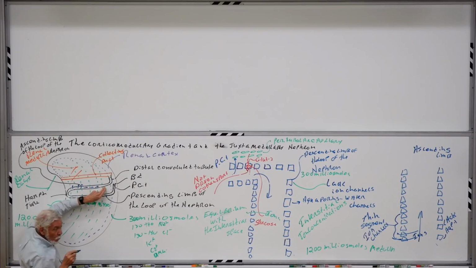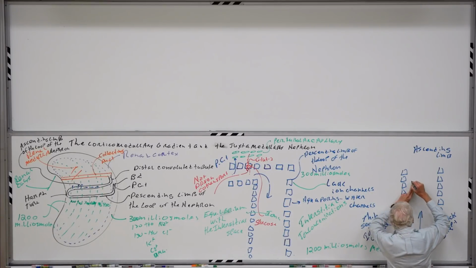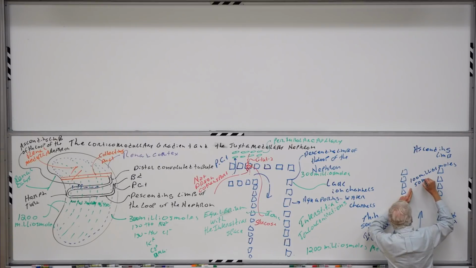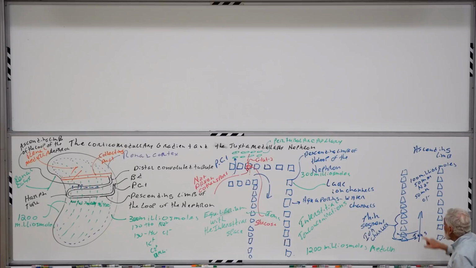So in the upper regions of the ascending limb, up here, we can have concentrations of about 100 milliosmoles, which come from about 50 millimolar sodium and about 50 millimolar chloride. Well, how do you manage to get ion concentrations inside the tube lower than on the outside? Well, you've got to put some energy into the system. You have to pump these ions.